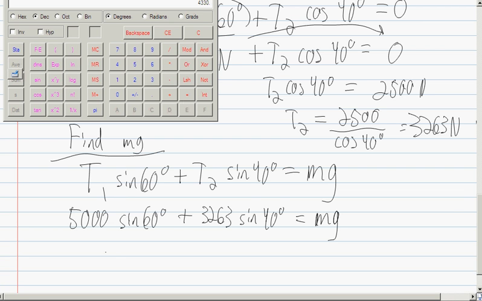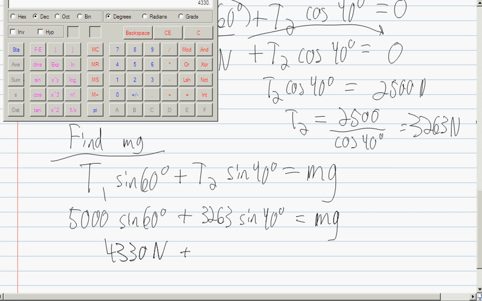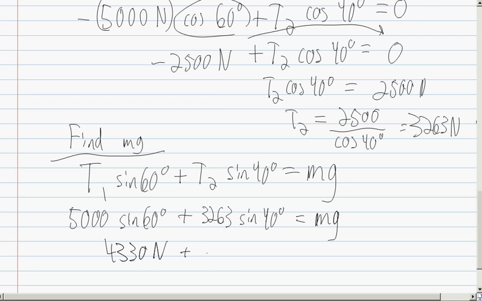So that's going to be 4330 newtons, because the sine of 60 is the cosine of 30, which is root 3 over 2. And this I really have to do on the calculator. 40 sine times 3263 gives us 2097 equals mg. We can add those together pretty easily.